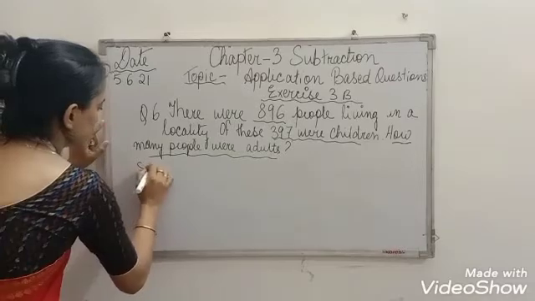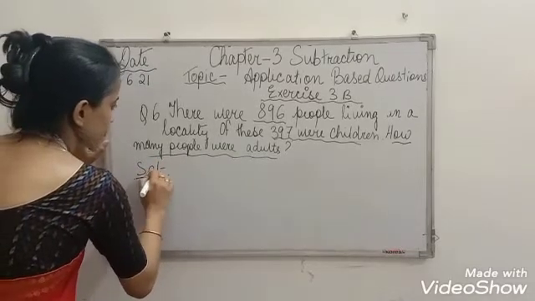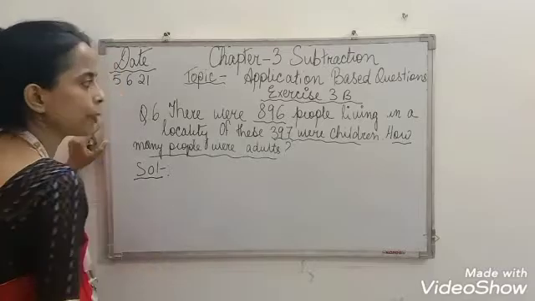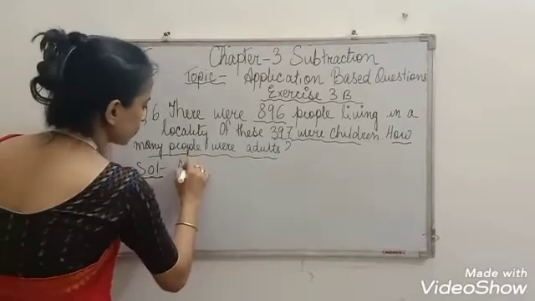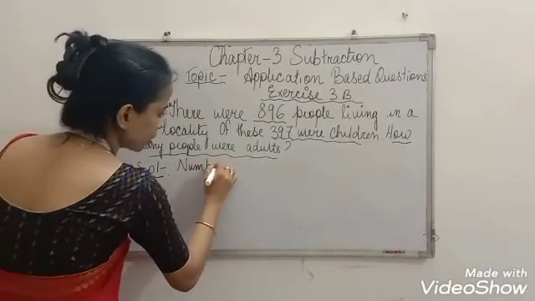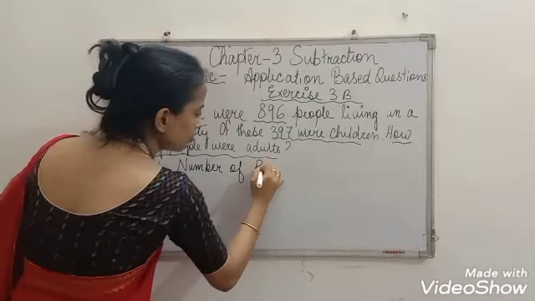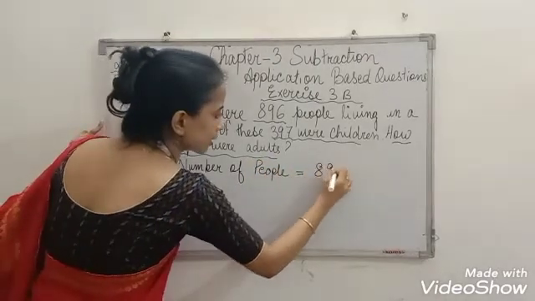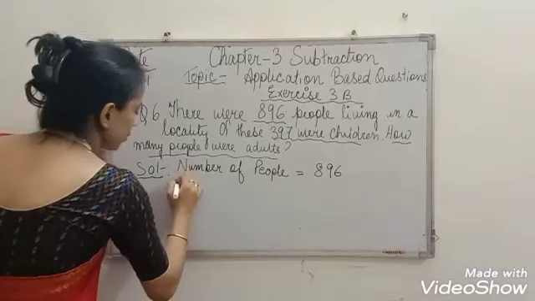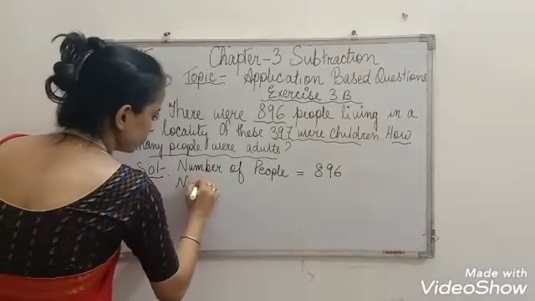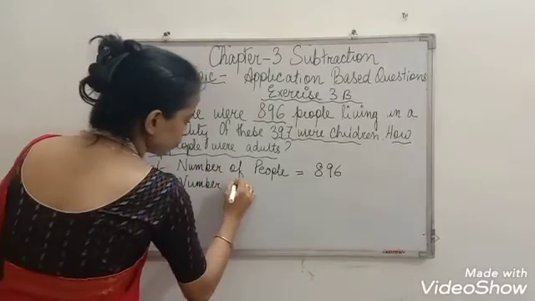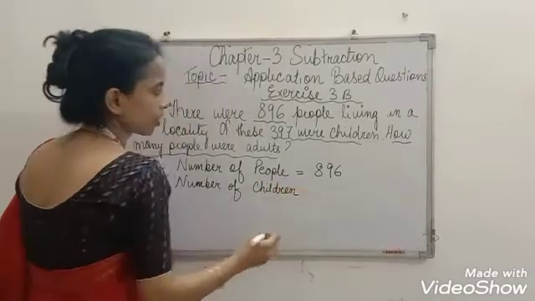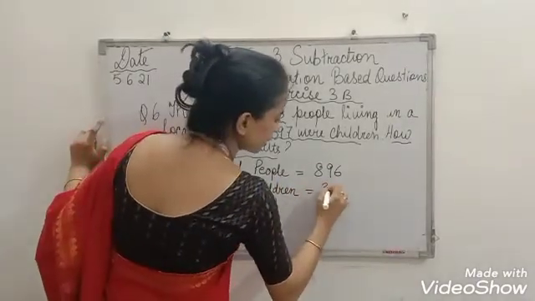So, solution, how will you write? Number of people living in a locality: 896. Number of children: 397.